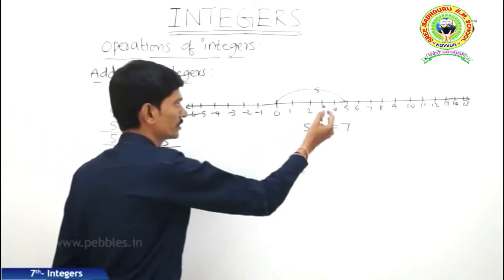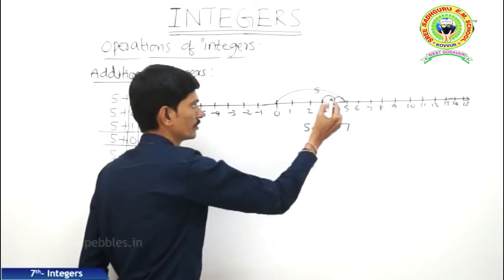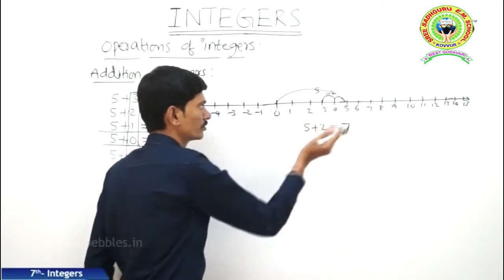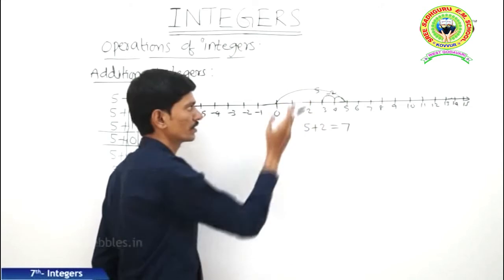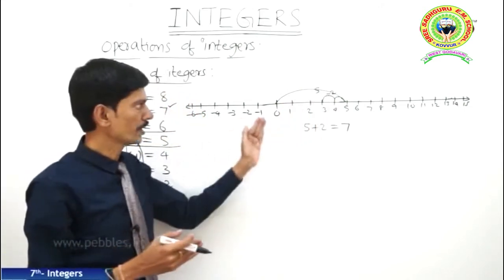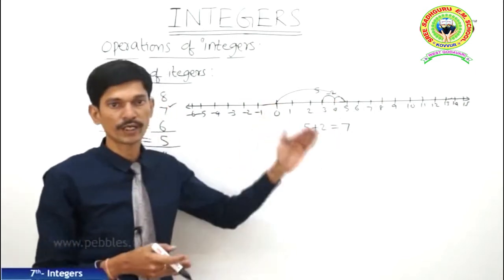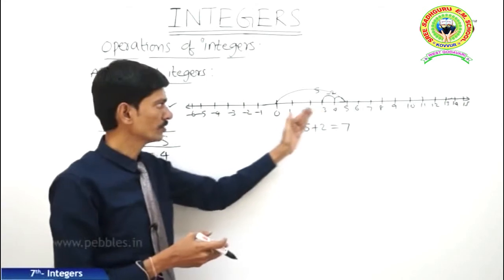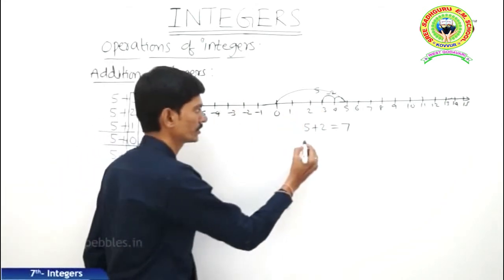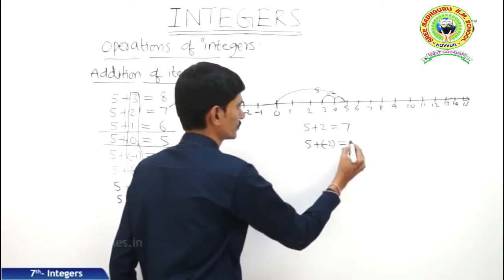To reach 3, we should move left. 1, 2, so this is minus 2. So when you add a negative integer, we move left on the number line, and when you add a positive integer, we move right. So we get 5 plus minus 2 equals 3.